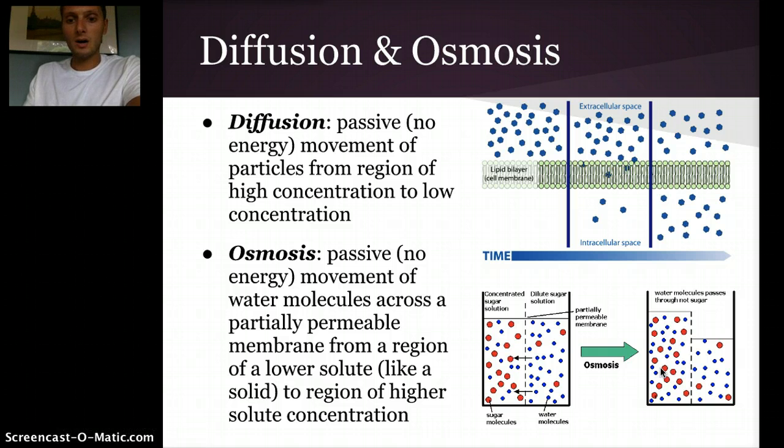Now our concentration of solute, the sugar, to our solvent, the water, is going to be equal on both sides of this partially permeable membrane. This is going to occur without energy. So the important thing to remember with both diffusion and osmosis is energy is not required.